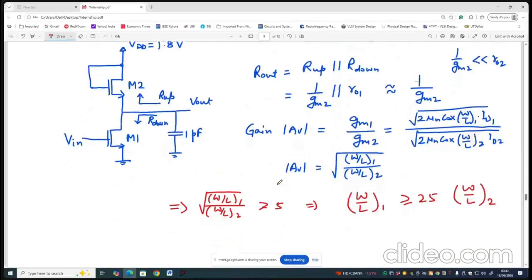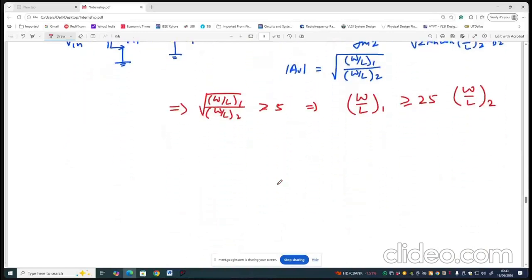Another specification is the power dissipation specification, and we have earlier worked using the power dissipation specification.